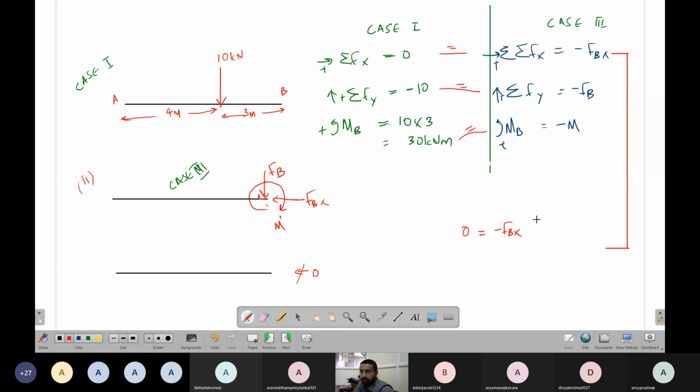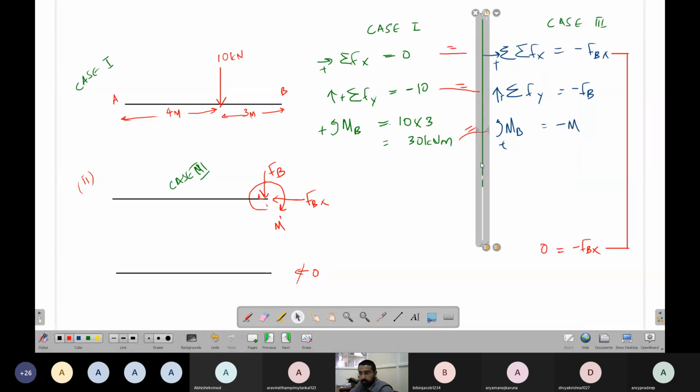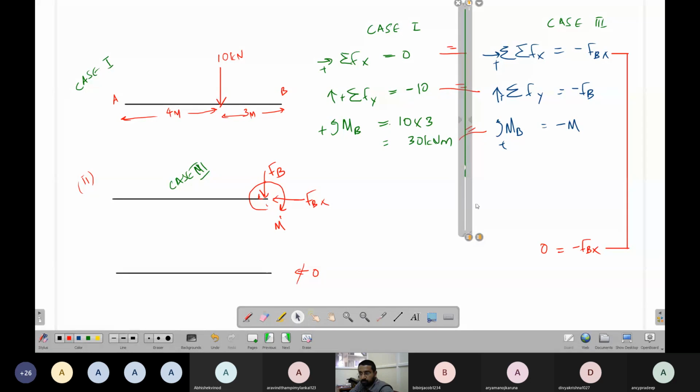So I can remove that. Now what I'll do? I can equate these two.